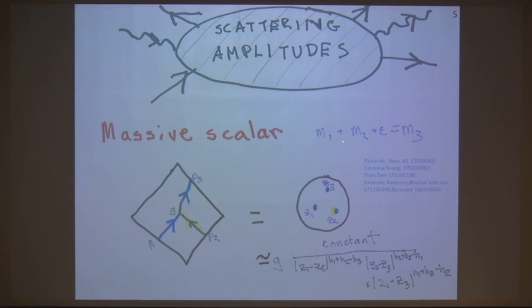We computed near extremality, where if all masses are equal, the kinematics prevents any kind of decay. And we took this ordinary scattering amplitude and reinterpreted it as a 3-point function on the celestial sphere. And indeed, we found some constant involving a bunch of gamma functions, and it takes the standard form of the 3-point function.